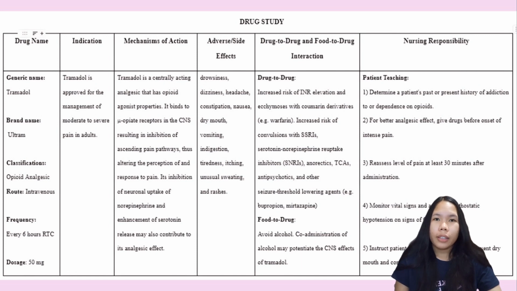Adverse or side effects: drowsiness, dizziness, headache, constipation, nausea, dry mouth, vomiting, indigestion, tiredness, itching, unusual sweating, and rashes. Route is intravenous, frequency every 6 hours ATC, dosage is 50 milligrams.